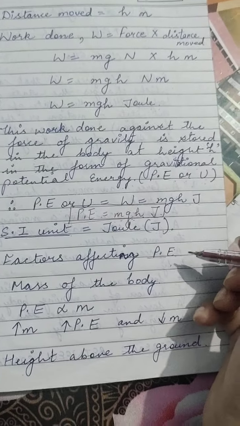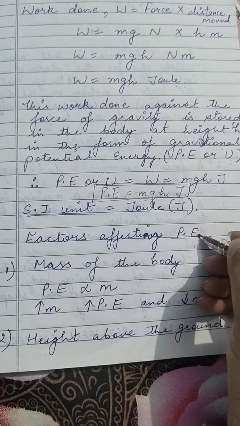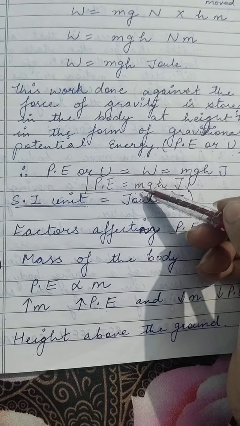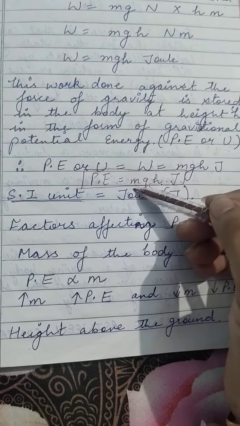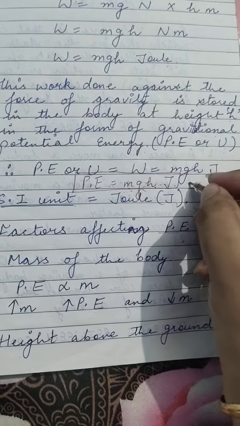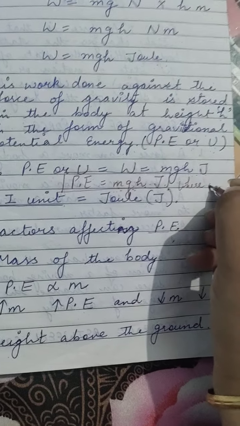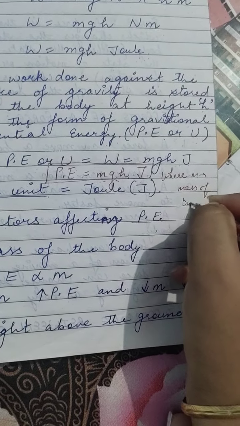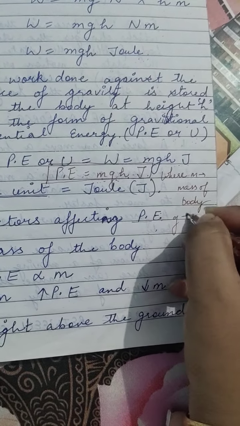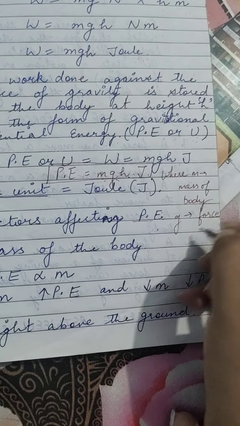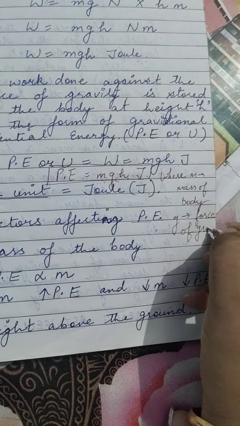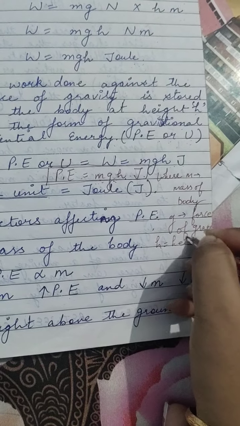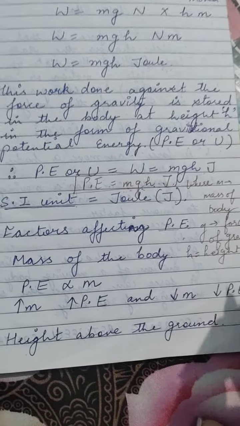Now the next thing is the factors affecting the gravitational potential energy. Here you can see we have three things: mgh, where m is the mass of the body, g is the force of gravity, and h is the height.